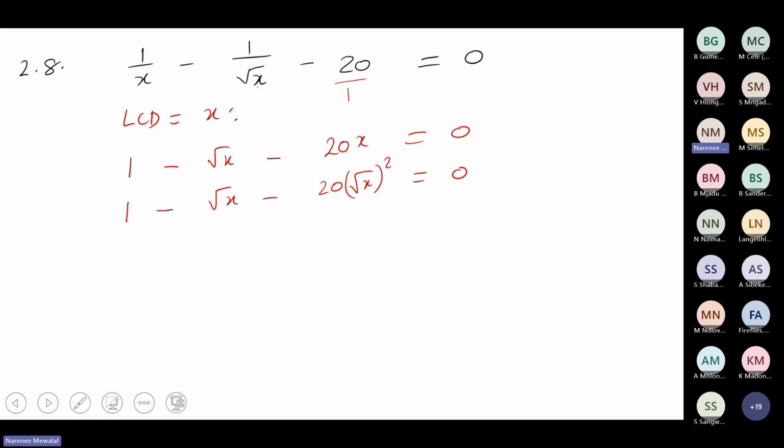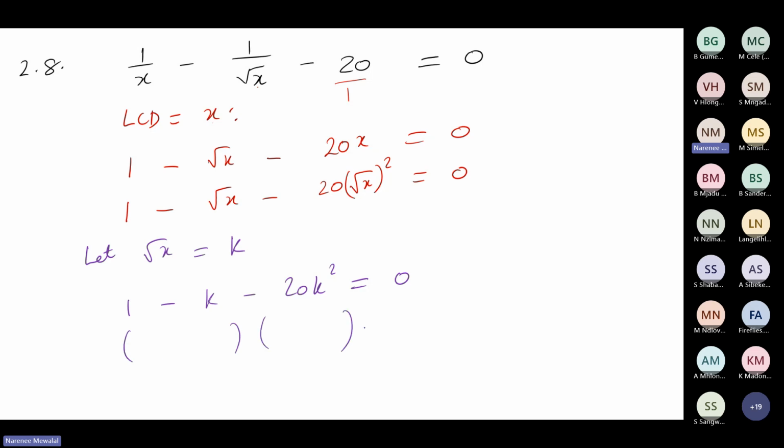If you wish, at this point, you can say, let square root of x equal k. So you're going to get 1 minus k minus 20 k squared equals 0. And then you can factorize this, okay? And it will factorize.